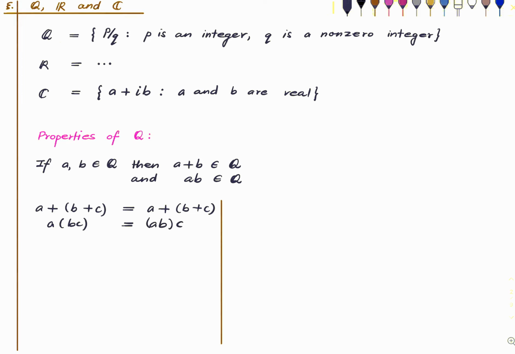And we have commutativity for all rational numbers a and b, and same for multiplication. We have this additive identity property, that 0 plus a is a for all a, where a is again a rational number, and 1 times b is b for all rational numbers b.